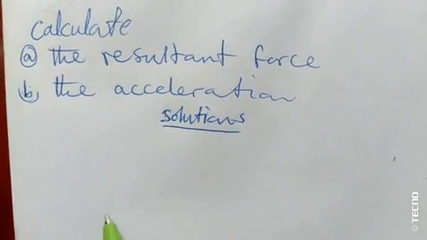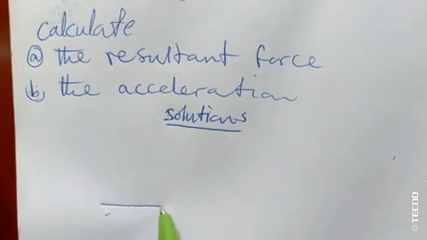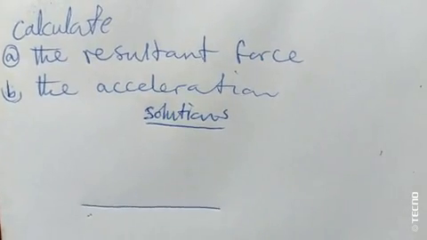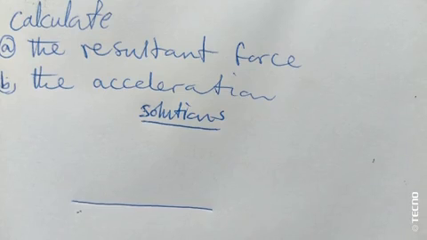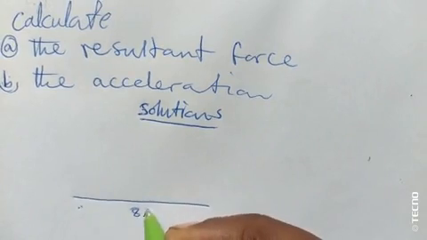So we have this horizontal line here. Let me draw. We've got this line there. I want to calculate the resultant force, or the magnitude of the force. So from this side it is 8 Newton.